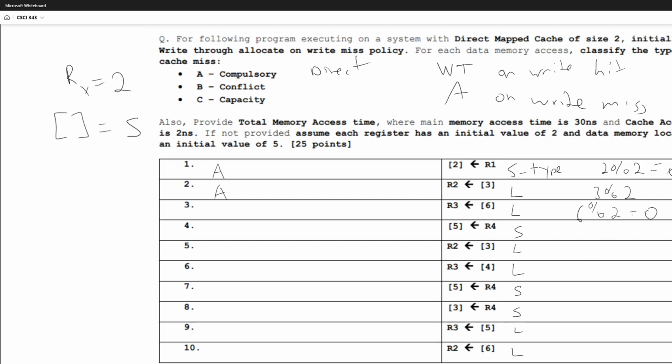So 6 goes here. So this is a compulsory miss, but it's also a conflict miss, but it's also a capacity miss. My God.